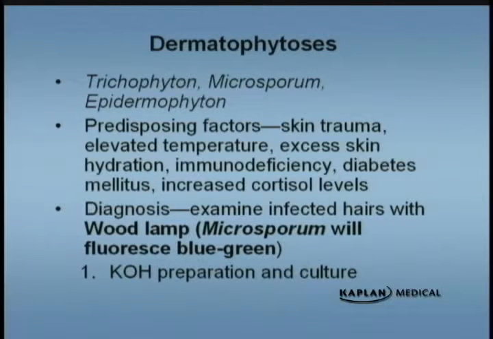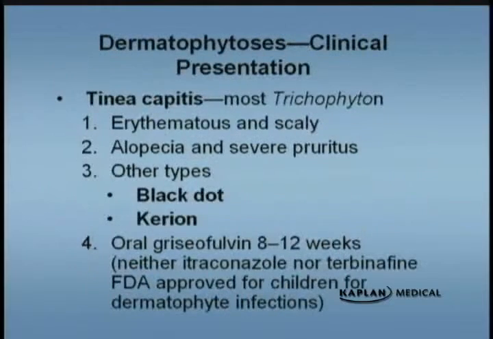For diagnosis, you can look at the infected hairs. You can use a Wood's lamp, which is like a UV light, and they fluoresce, but not all fluoresce. The trichophytons do not fluoresce. You can also do a KOH prep and or a culture. A lot of times you can just look and make your diagnosis.